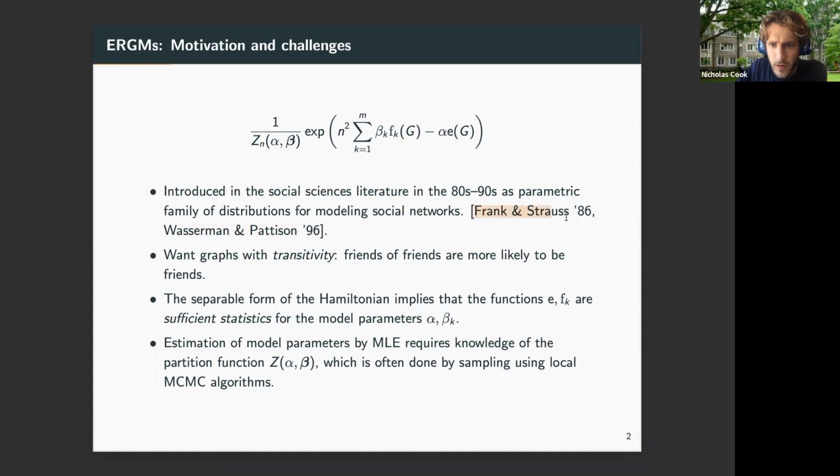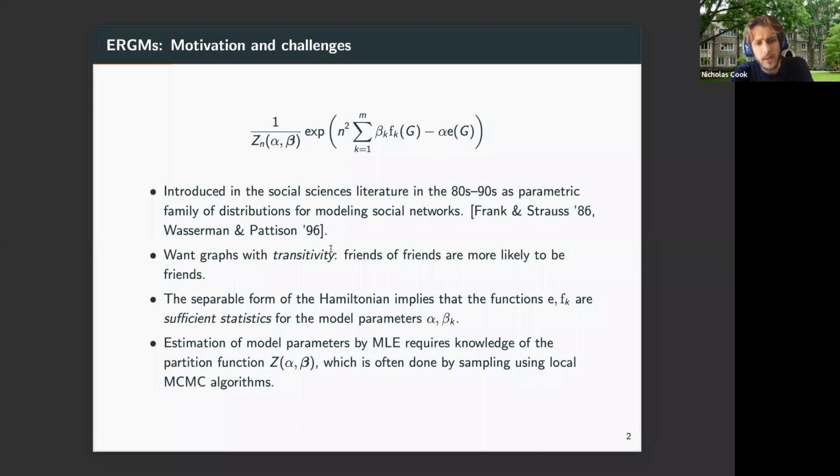I think this work from the 80s was just looking at the edge triangle model. One thing that they really wanted to see with these models was a class of random graphs that they could tweak to exhibit what they call a transitivity property. It's an important property of social networks, which is that friends of friends are more likely to be friends.